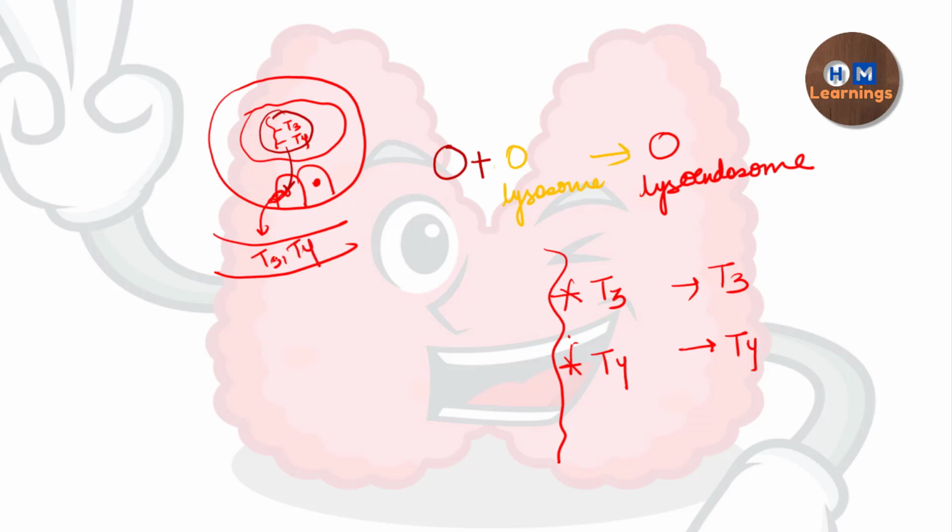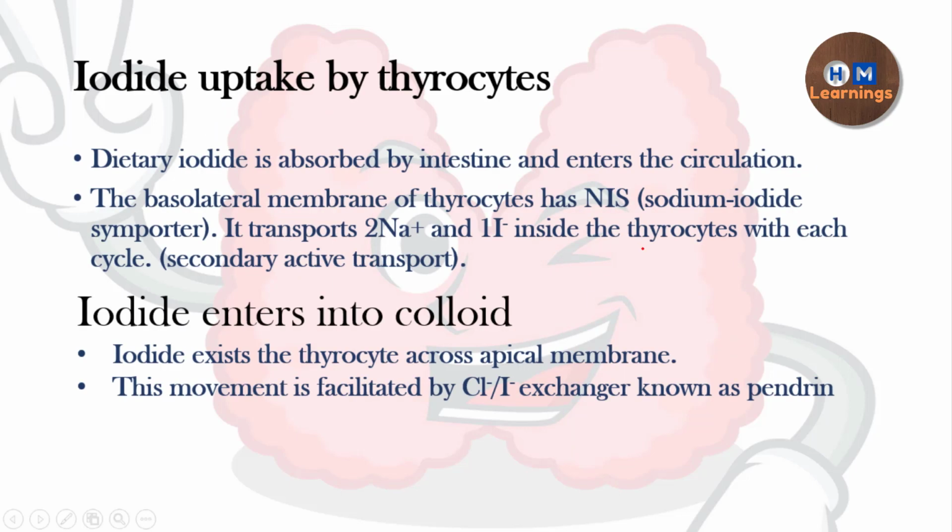Okay, so with this we are done with that. First there will be iodide uptake, which occurs by the help of the sodium iodide symporter on the basolateral membrane. Then the iodide enters into the colloid, which occurs by the help of a pendrin exchanger present on the apical membrane of the thyrocyte.